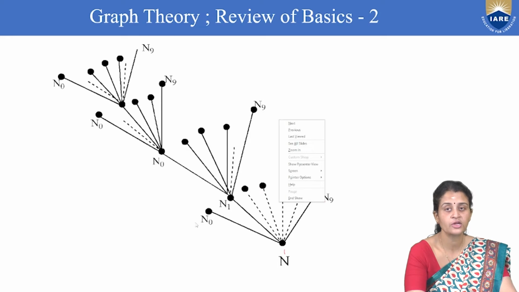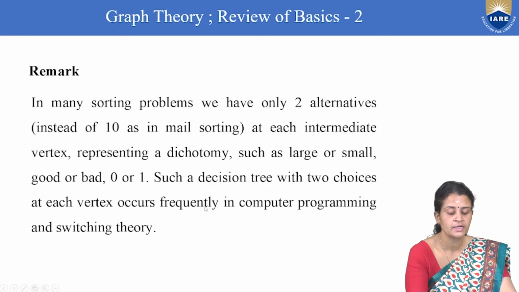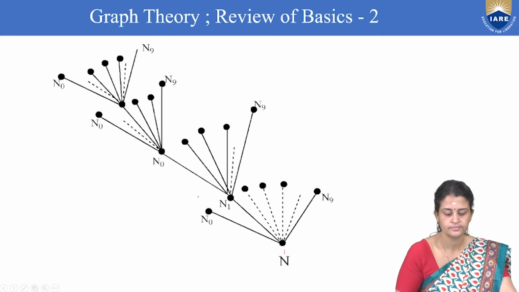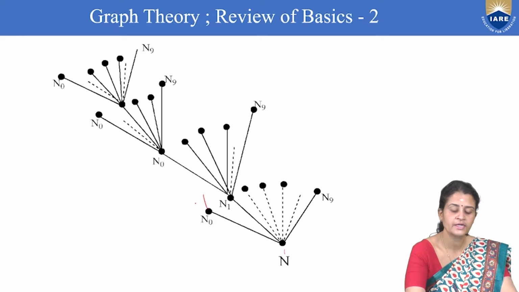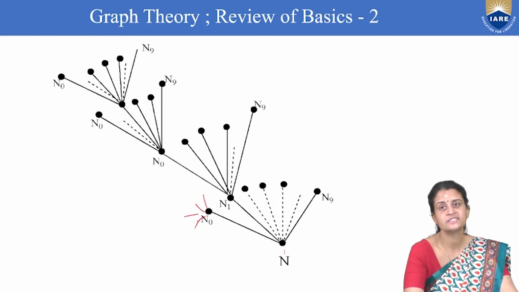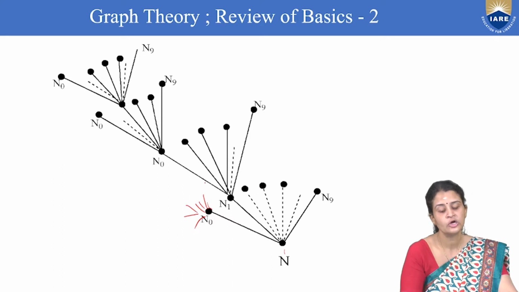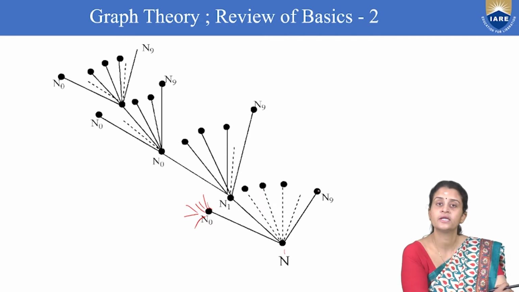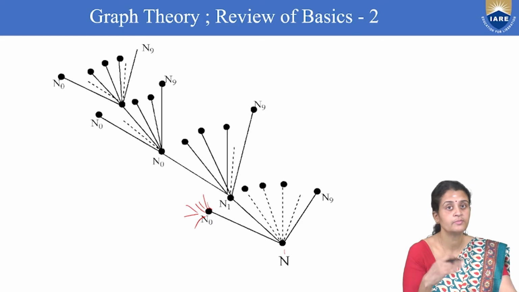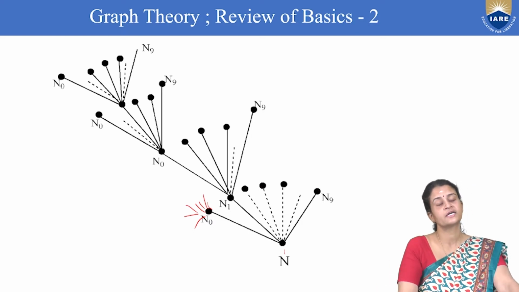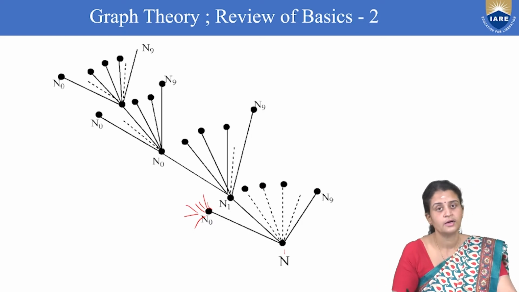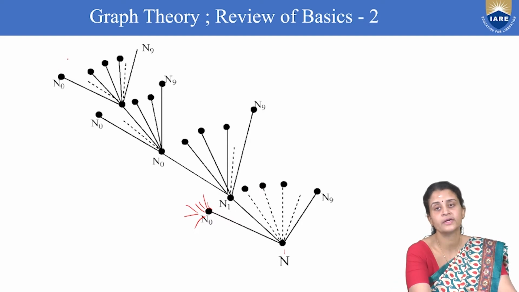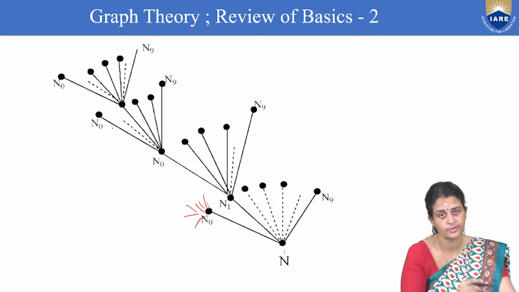From N0 we can divide it into 10 lines. Because of the constraint of space, I am not drawing all of those. From N0 we can divide it into 10, N1 into 10, and so on, N9 into 10. Next is the second significant digit in the zip code. So we will be continuing like that. Such a structure will be called a tree.